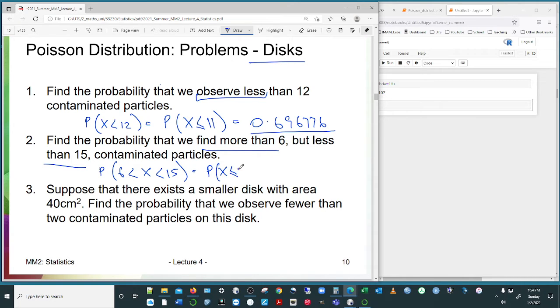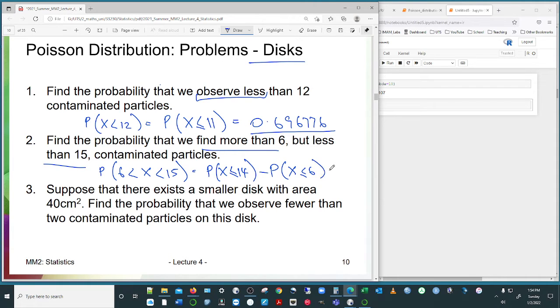We grab 14, and then we don't want 6, so it's going to be less than 6. That's right. Is it going to be 7 and below? 6 below. 6 below. So we get everything from 14, because we don't want 15, and we subtract everything below 6.